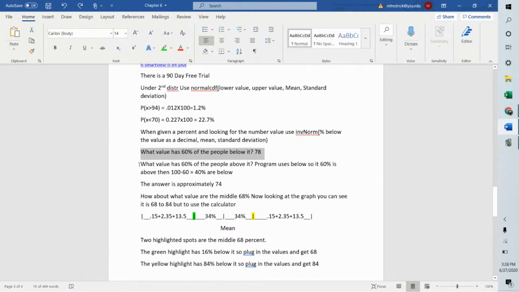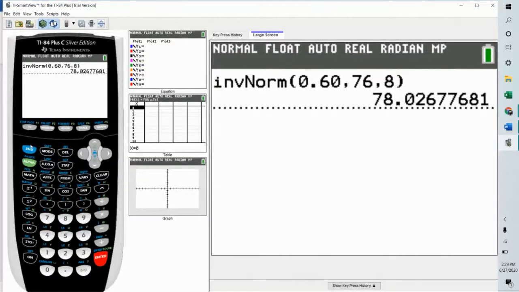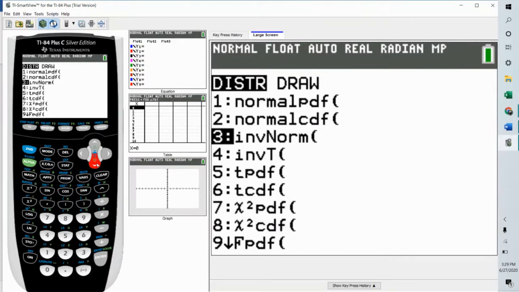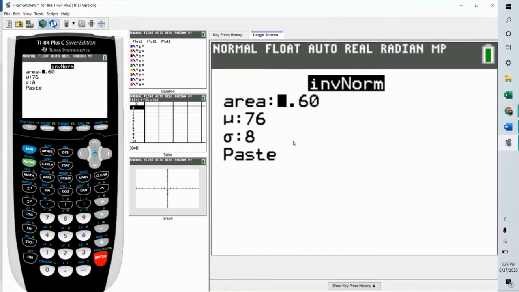Now, if we want this one, what value has 60% of the people above it? You wouldn't use 60% because you have to, just like a percentile, give the values below. So if 60% is above, 100 minus 60 means 40% is below. So we use 40%. So you go back to your calculator, second distribution, down to the inverse, hit enter.